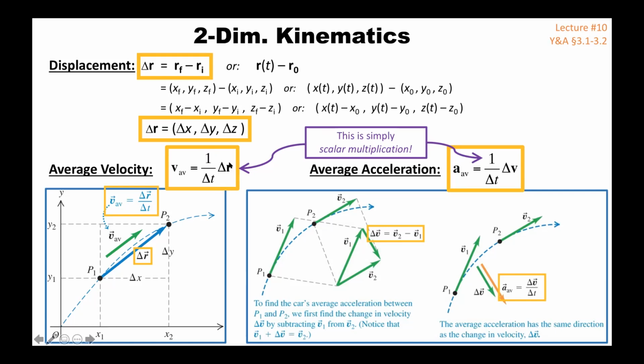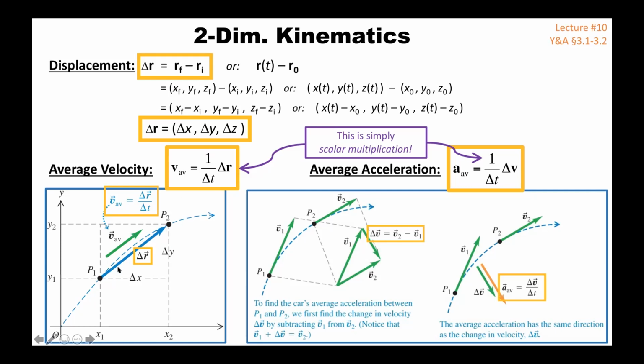Once you know the displacement vector, you just multiply it through by 1 over the elapsed time, and that gives you the average velocity vector. Notice how with average velocity, time is always positive, so this is always going to be a positive scalar. That means the average velocity vector will always point in the same direction as the displacement vector, just like this diagram right down here.